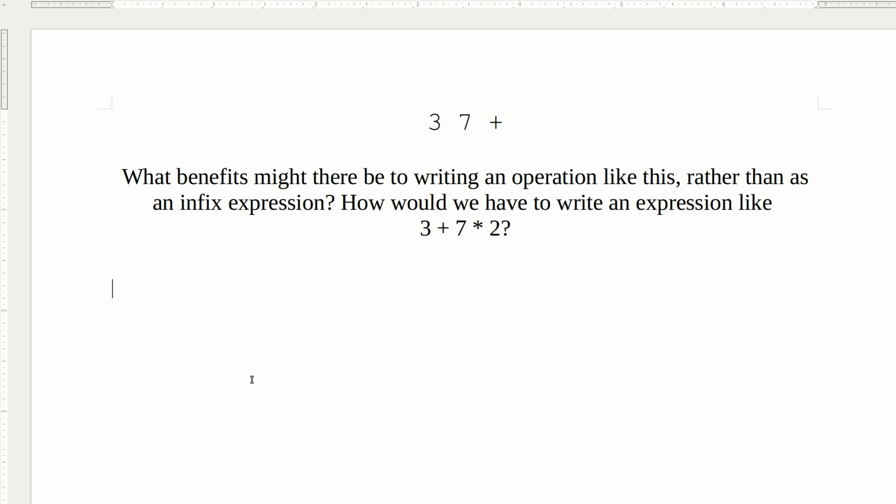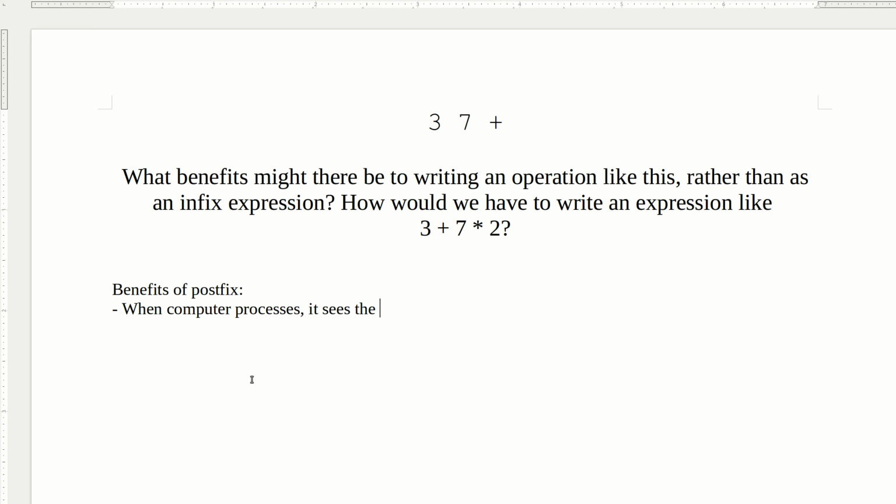Some of the benefits that we discussed before for postfix were that when the computer processes token by token, it sees the two values that it needs to store for a binary operation like plus.